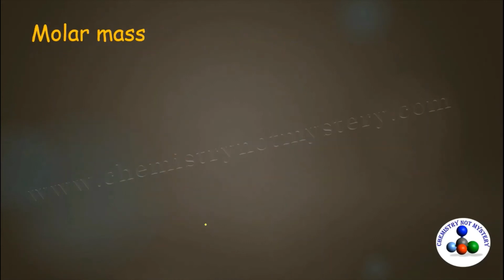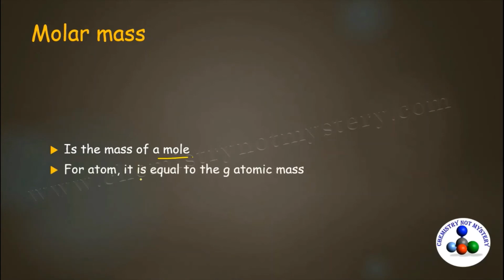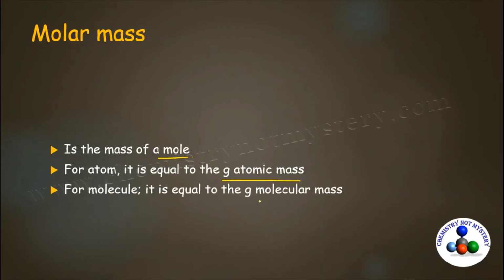Now come to the molar mass. Molar mass is the mass of a mole of substance. If the substance is an atom, then it is equal to the gram atomic mass. If the substance is a molecule, then it will be equal to the gram molecular mass. Let's try to understand it by solving a problem based on it.